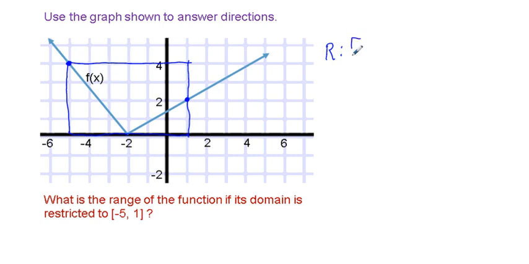So I'm going to say a range over this same domain is going to be 0 to 4. And we bracket off here. And yes, this could be written in inequality notation. You could write that as y is greater than or equal to 0 and less than or equal to 4. You could write it that way too. But I like doing it because we have the same type of notation as it originally was delivered.